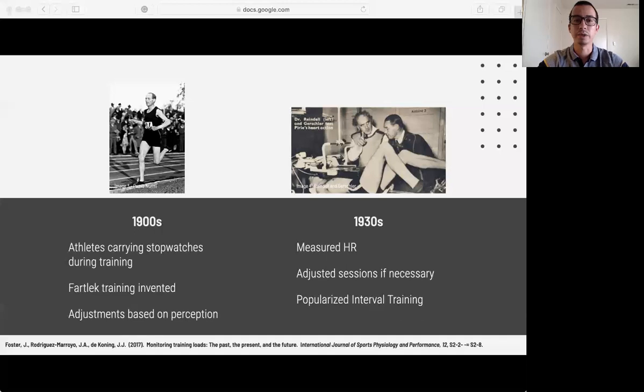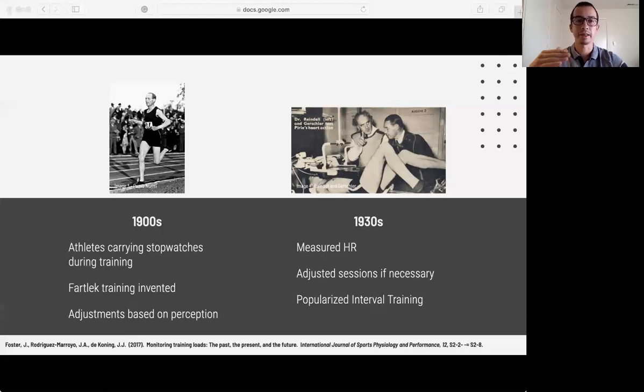In the 1930s, we saw Dr. Reindell and Coach Gerschler out in Germany using heart rate to monitor their athletes' sessions. They would adjust these sessions if necessary. So they would set a heart rate of 180 beats per minute for their higher interval work, and then 120 beats per minute for their rest intervals.